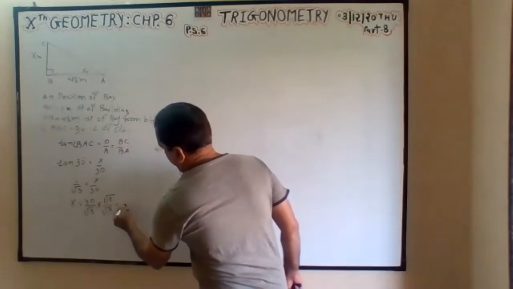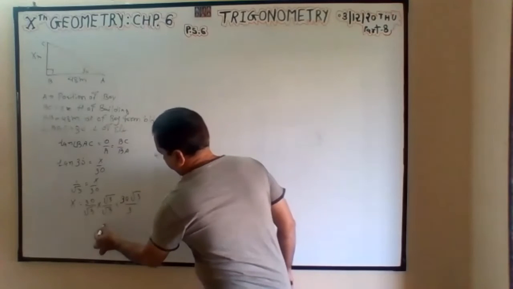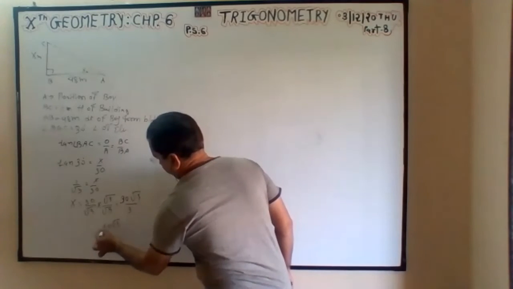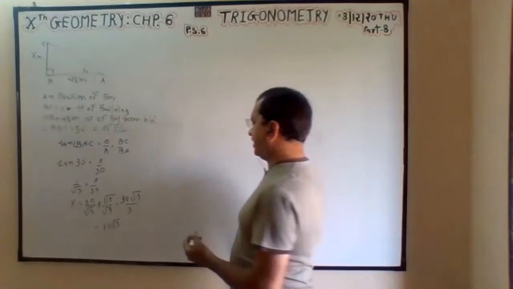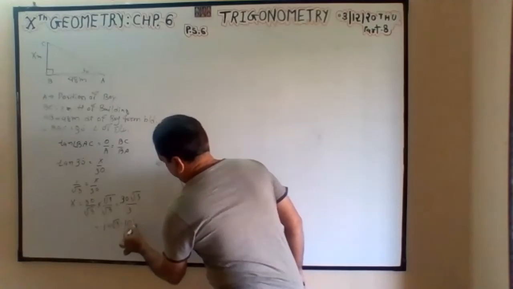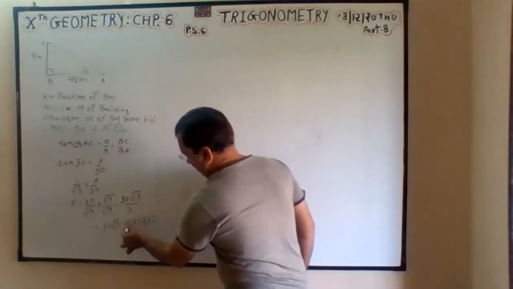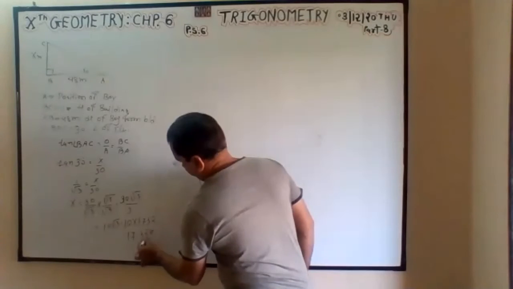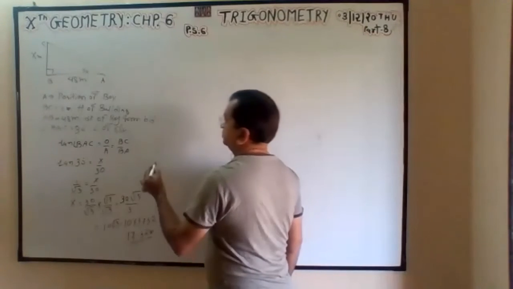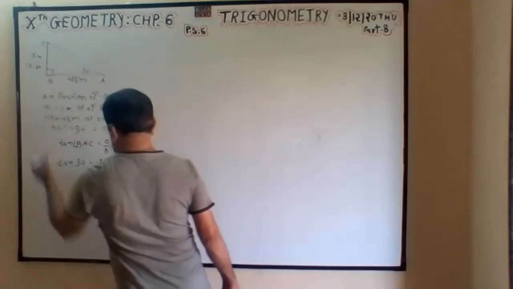So root 3 into root 3 will be 3, so cancel. So 16 root 3. The value of root 3 you have to remember to find the accurate answer. 10 into 1.732. So multiply by 10, one decimal shift. So this is 17.32 meter.